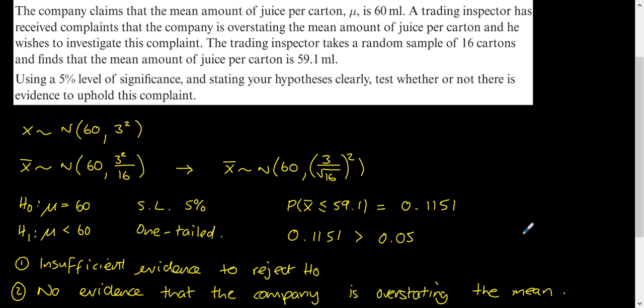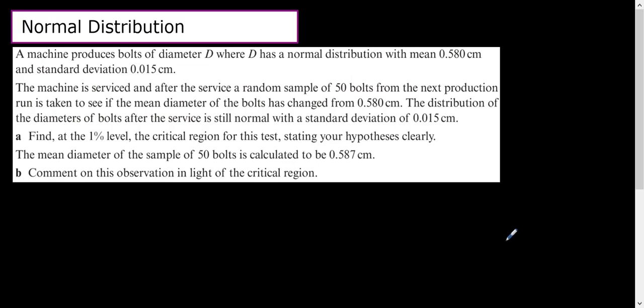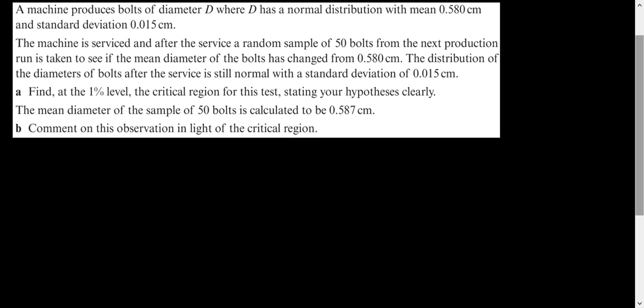So I'm going to have a look at a second example here because we've got a 2-tailed test and we're being asked to work out critical regions. We've got this machine producing bolts of diameter D. D has a normal distribution with a mean of 0.580 and a standard deviation of 0.015. The machine is serviced and we have a random sample of 50 bolts to see if the mean has changed.